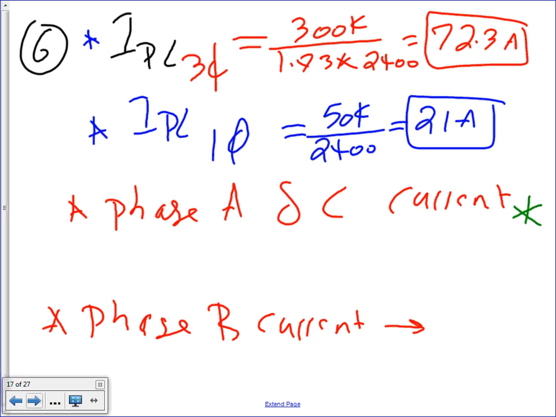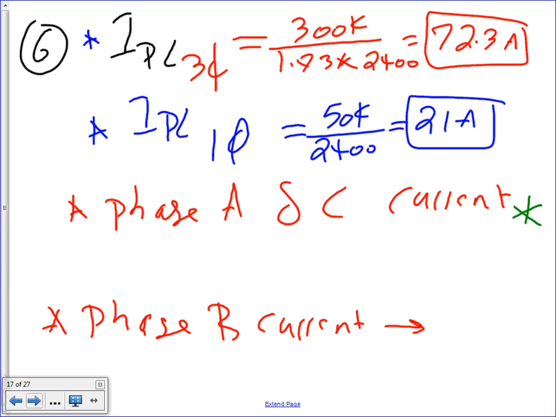We're still on the primary. Any questions, guys, about how we calculate the primary line current for three-phase and single phase, right? Phase A and C, they're going to see both of them. Remember that? Because they're going to see neutral load. How about phase B? Only one.